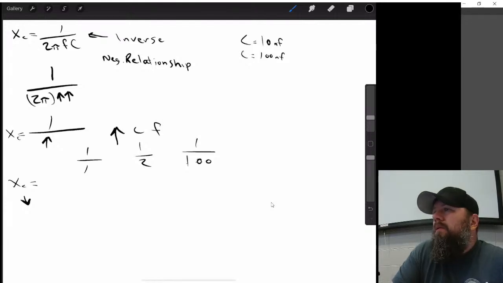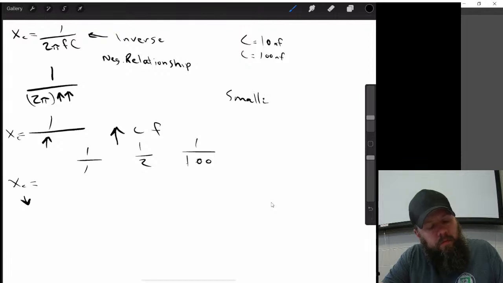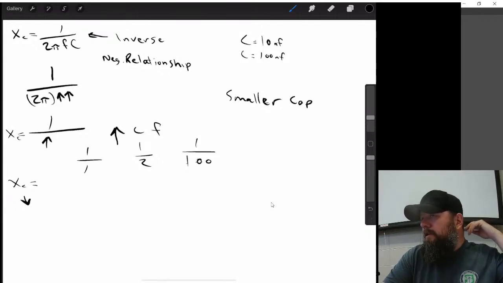What that really does in the real world is the smaller the capacitor, I'm going to use cap from now on for capacitor. All right.